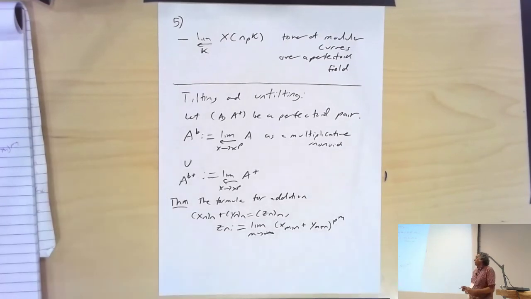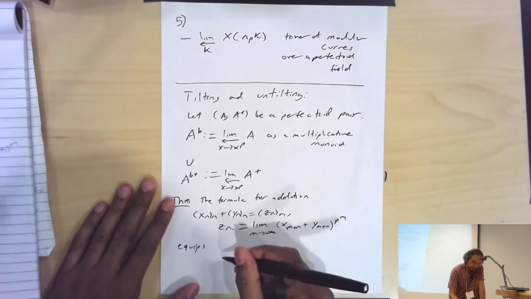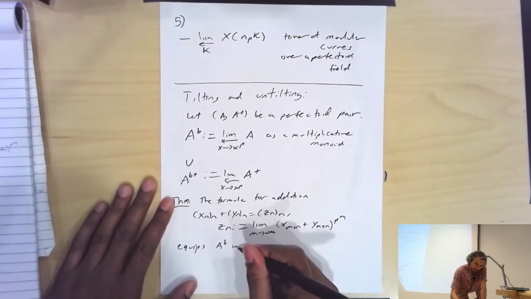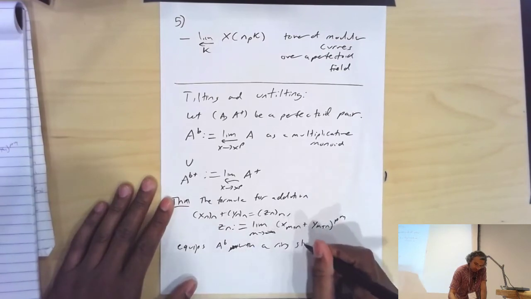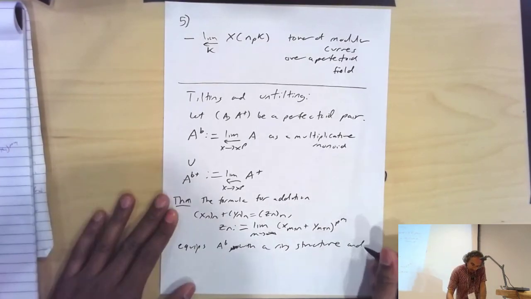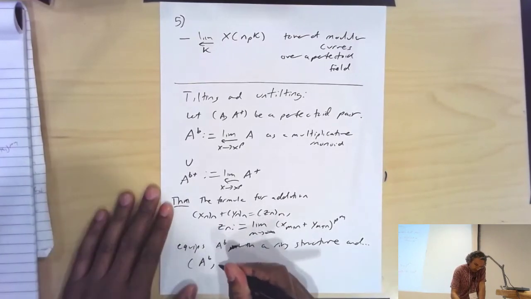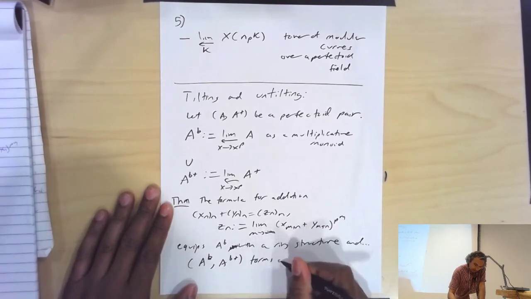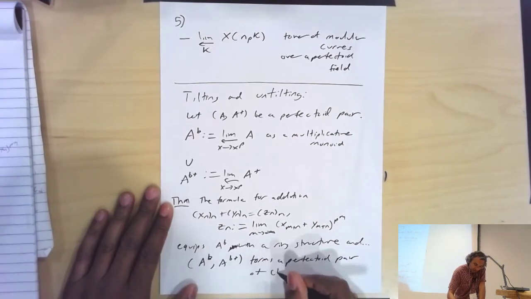So this is the same formula that we had in Jared's lecture. This equips A flat with a ring structure, and let me write dot here so I don't write all the details in. The upshot of this is that A flat, comma A flat plus forms a perfectoid pair of characteristic p.